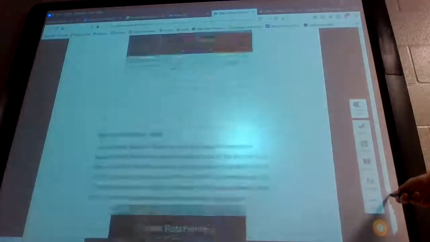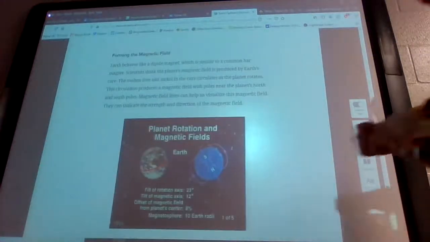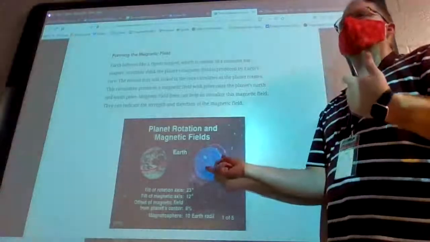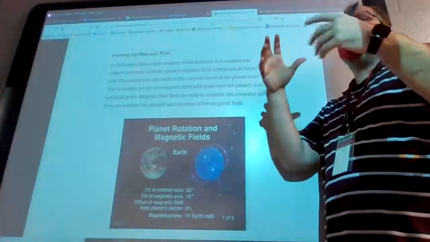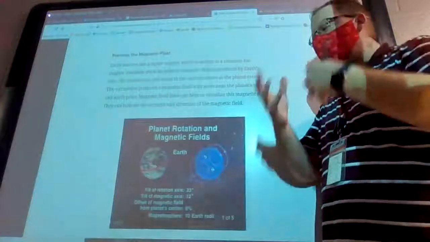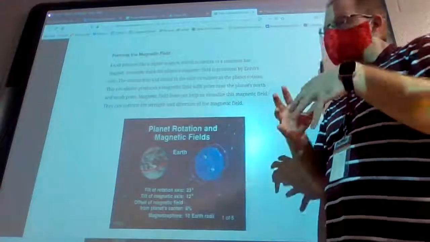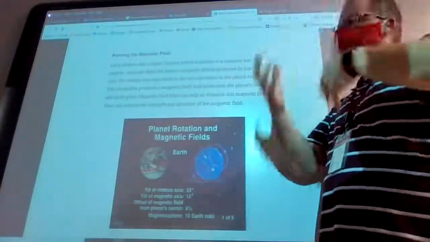All right. So, forming the magnetic field, this basically comes from the core of the Earth. As you have these metals, nickel and iron, in the core here, the inner core and outer core, they're hot and they're circulating.